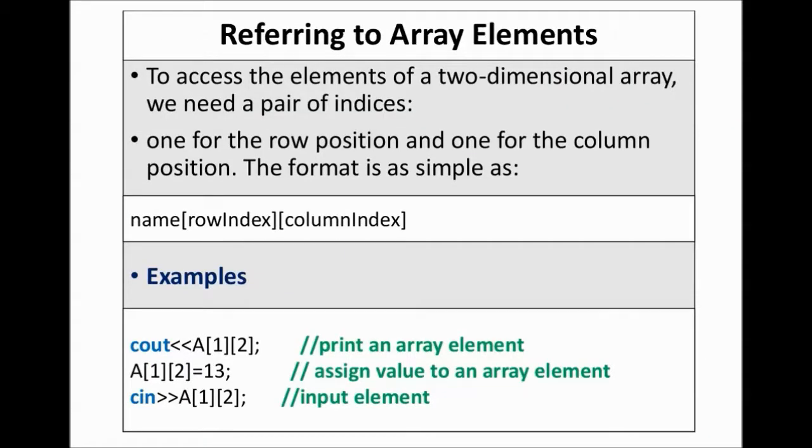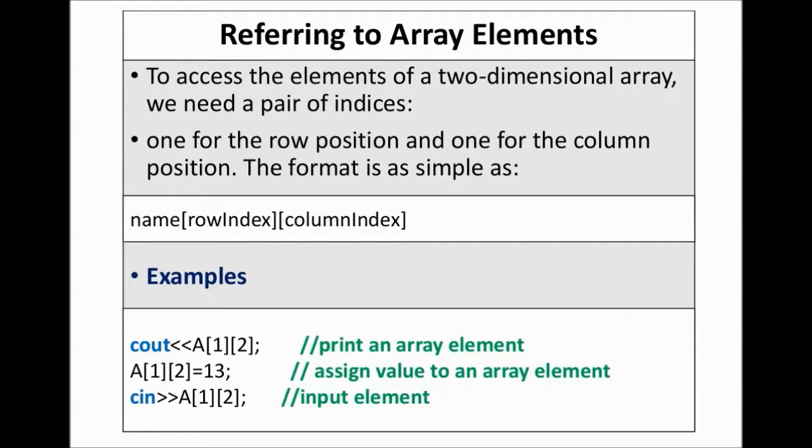Referring to array elements: to access the elements of a two-dimensional array, we need a pair of indices, one for the row and one for the column position. The format is name, which is the name of the array, then in brackets the row index, and in the second set of brackets the column index.